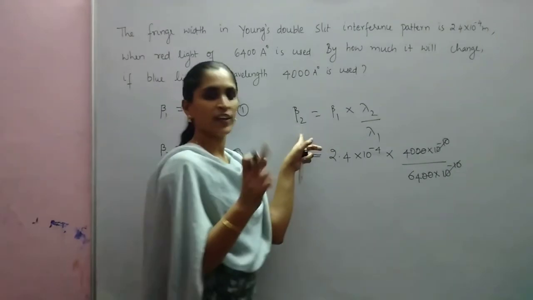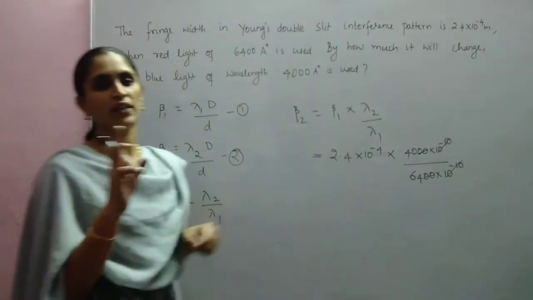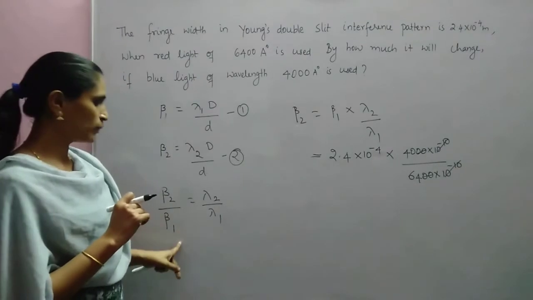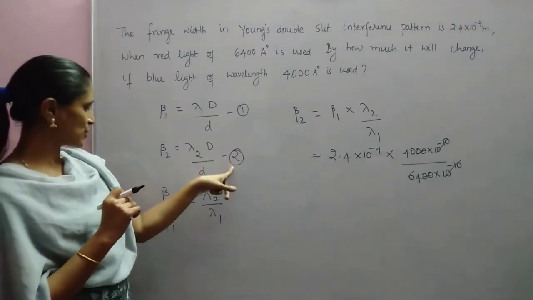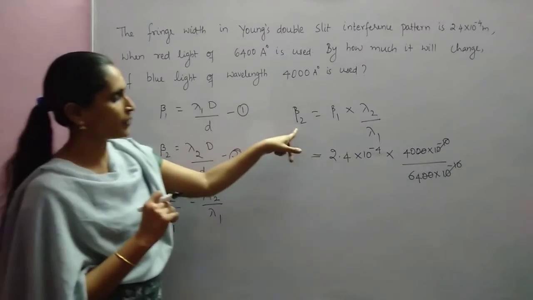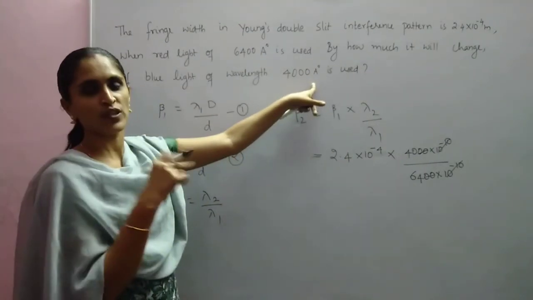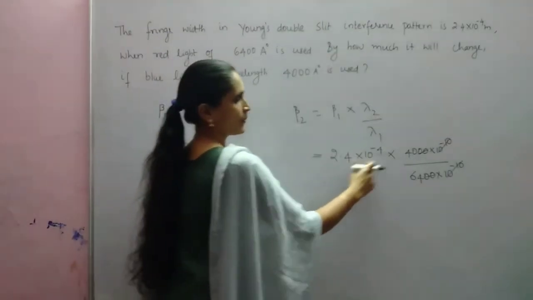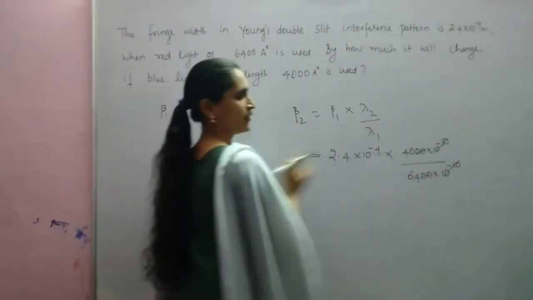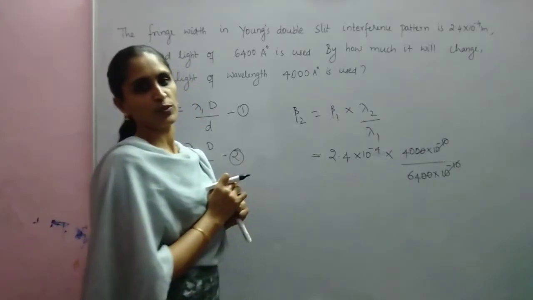So here we are writing beta 2 is equal to beta 1 into lambda 2 by lambda 1. How are we writing? Beta 2 by beta 1 is equal to lambda 2 by lambda 1 by dividing equation 2 by equation 1. And beta 2 we have to find when we are using 4000 angstrom light. So beta 1 is given, lambda 2 is given, already we substituted, and lambda 1 is given, 1 angstrom is equal to 10 raised to minus 10 meters.